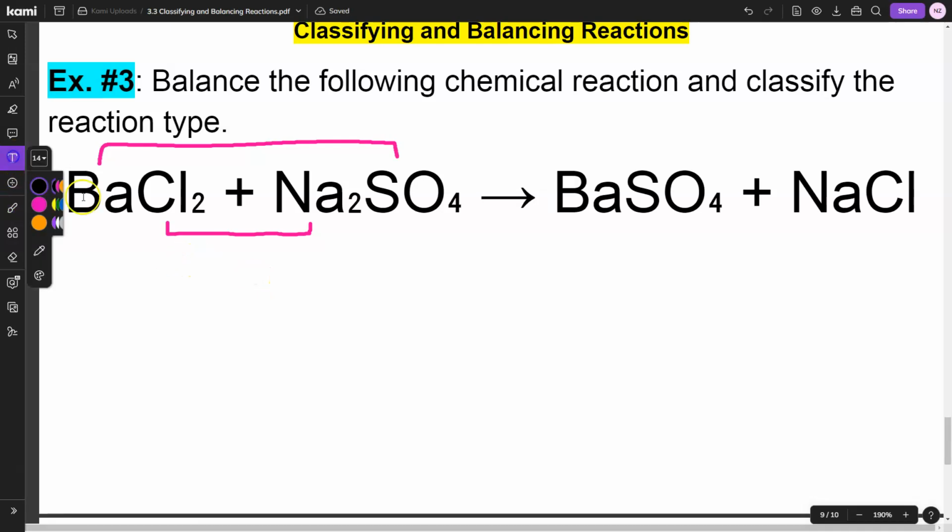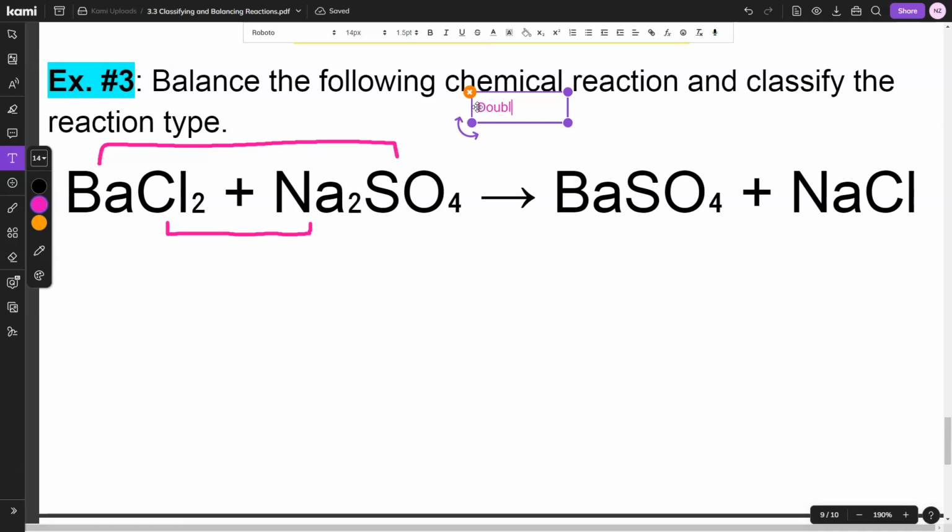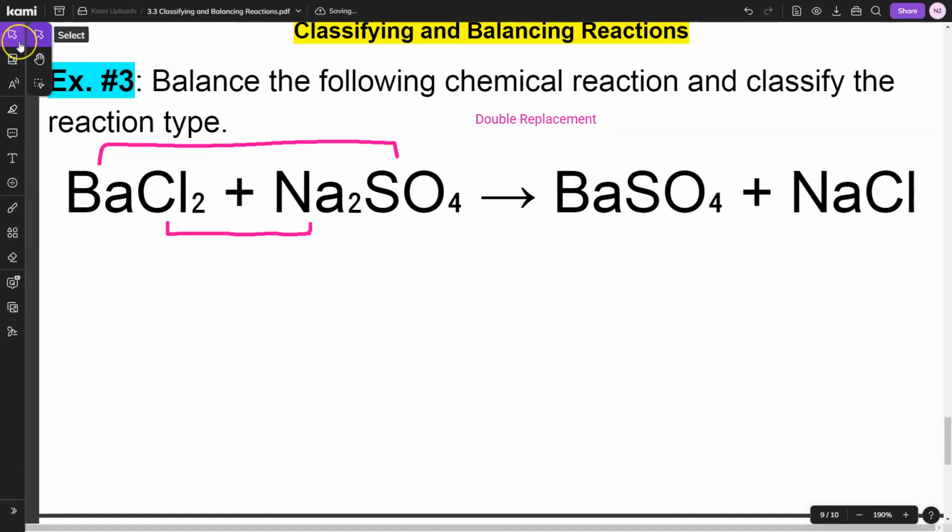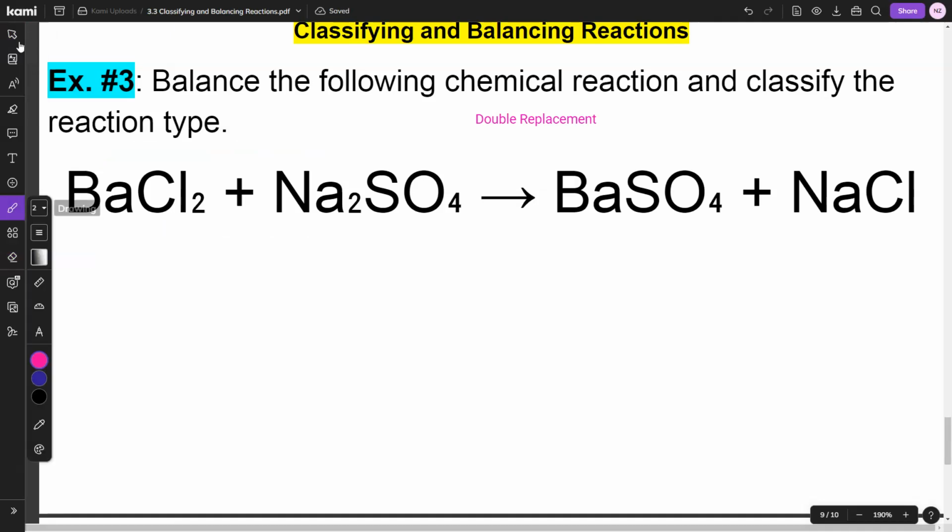So this is a double replacement reaction, because we are replacing the cations in both reactions. So we have a new cation in each compound.